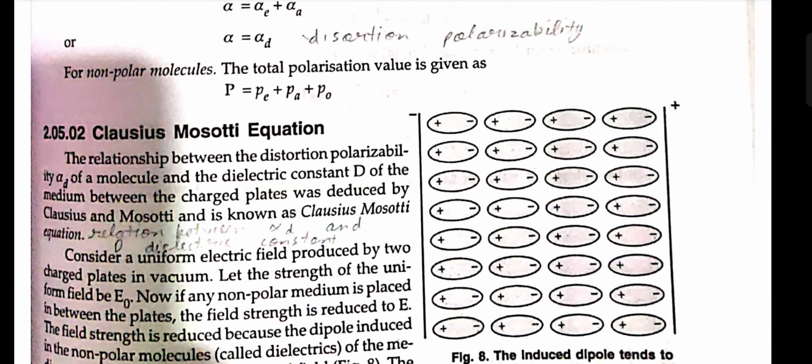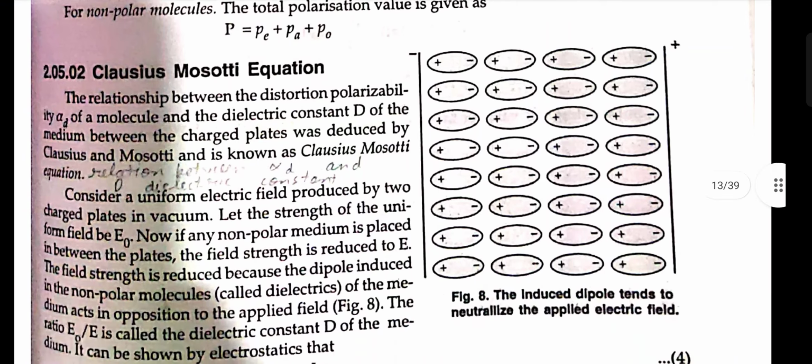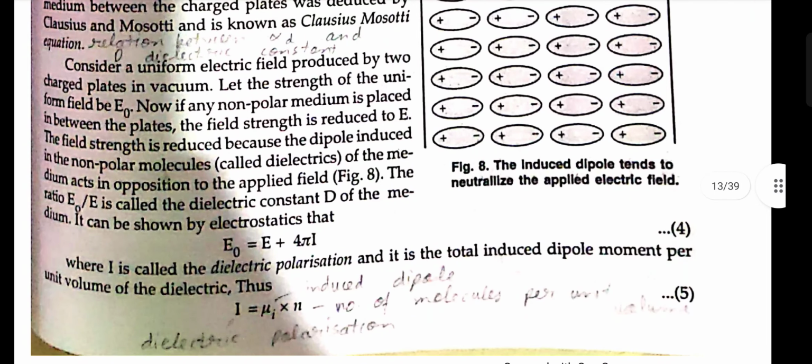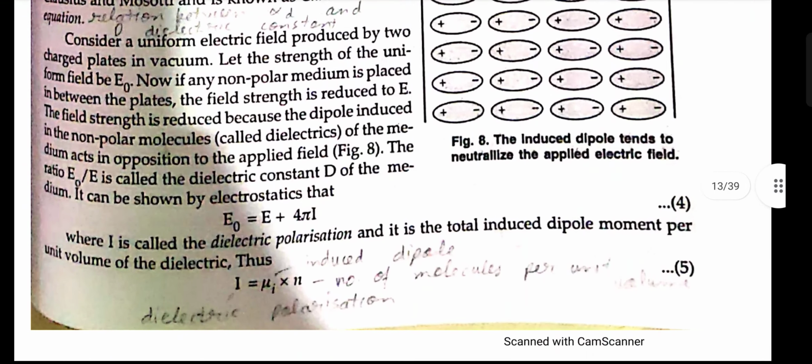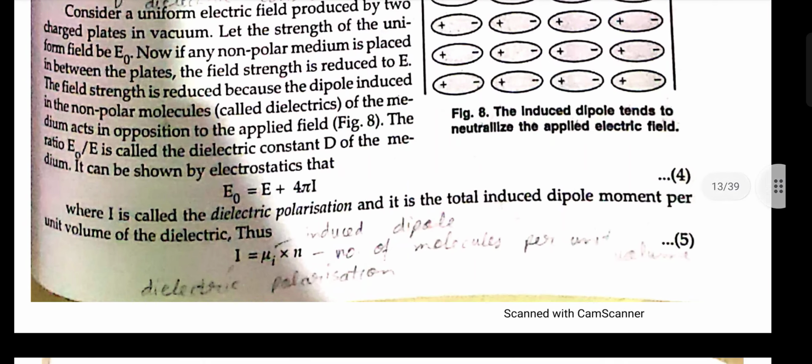Clausius-Mossotti equation. It gives a relationship between distortion polarizability and dielectric constant. As shown in equation 4, E naught is equal to E plus 4 pi I, and I can be denoted as mu I into n, the number of molecules per unit volume.